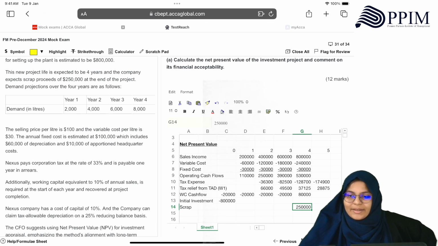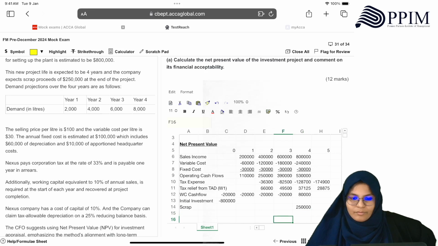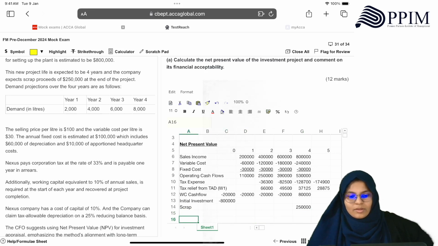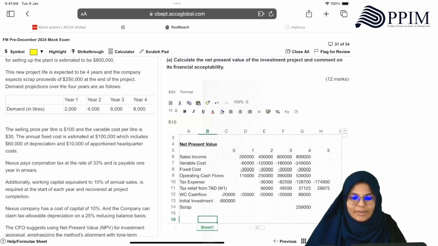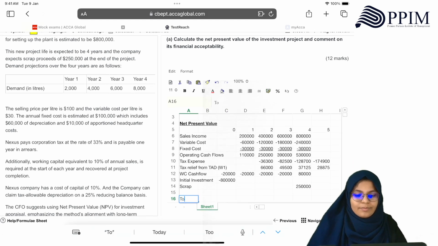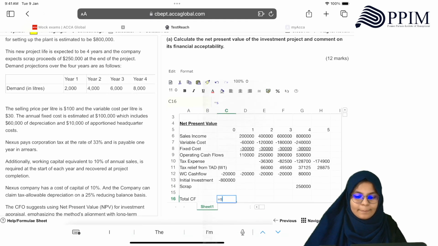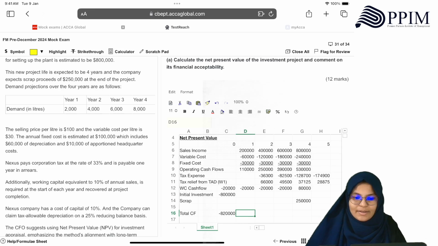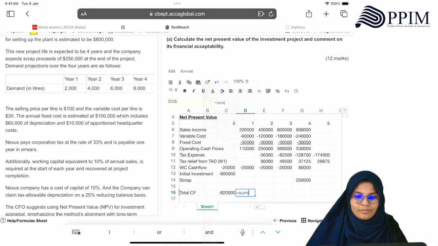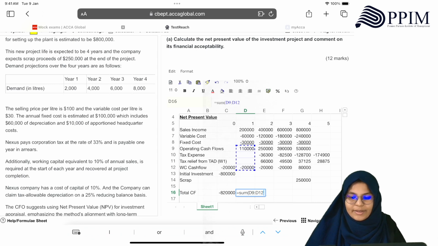So now you can take your cash flows, right? So let me take the total cash flow. Over here it will be minus 820,000. You also take the total. We already have this 110 is a total, right?